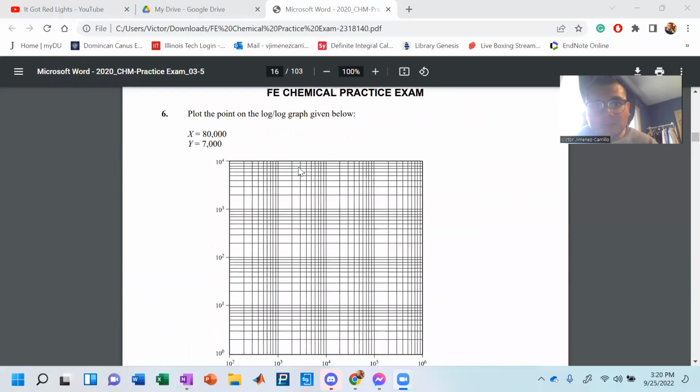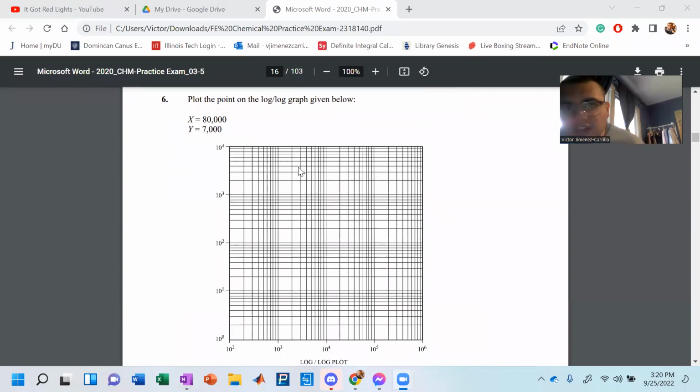So we'll go to plot the point on the log graph given below. Now, I'm still not 100% on this one, so we'll preface that. I have my notes here, which I have to bounce around because I have like 100 sheets. So in a log scale, you need to think about this: 10 to the power of x is equal to some number, which in this case we'll say is 80,000.